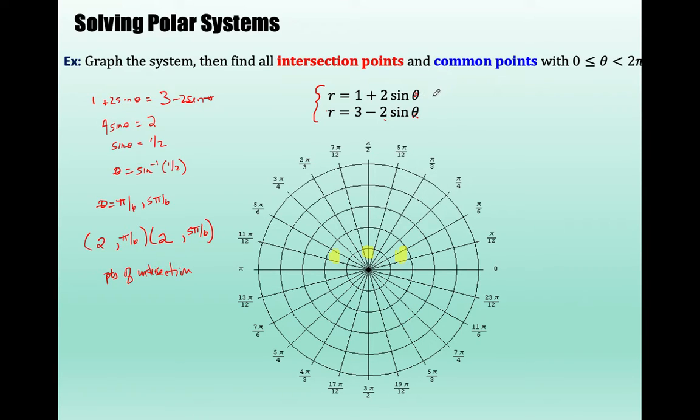Now I know that both of these are limaçons, because I have an add and subtract here of what in rectangular would be the sinusoidal axis. So let's look at our graph. This is a loopy limaçon, because my sinusoidal axis is at 1, but I'm going to go up to 2 and down to -1.